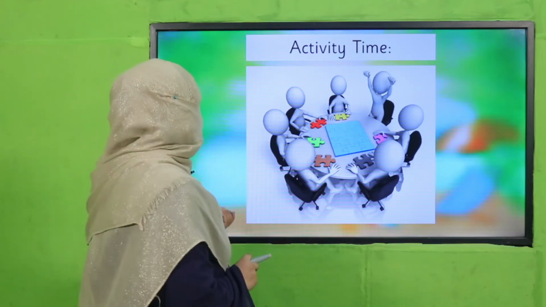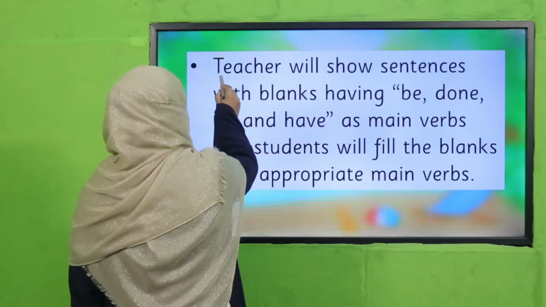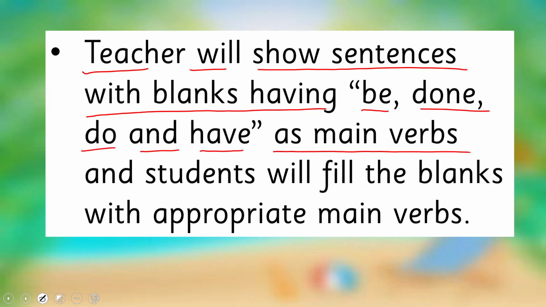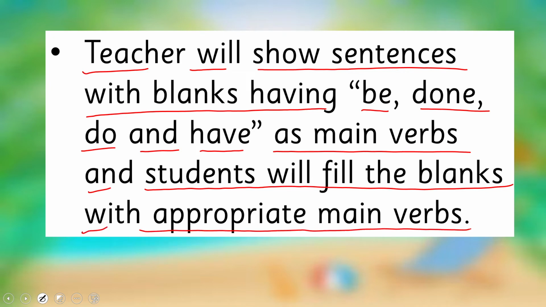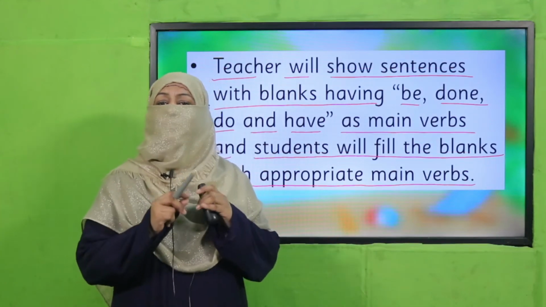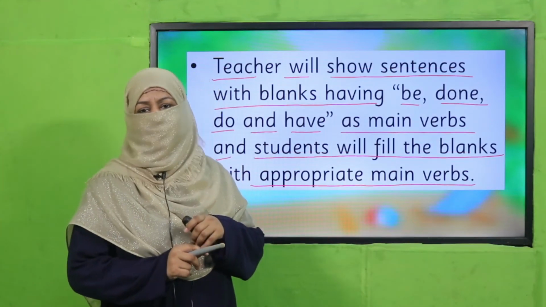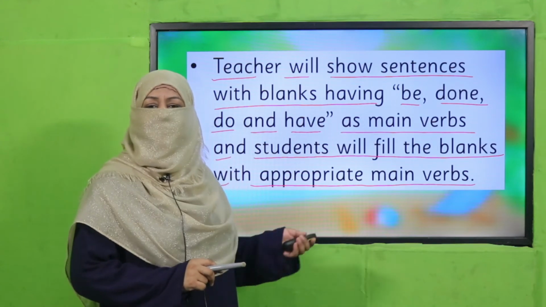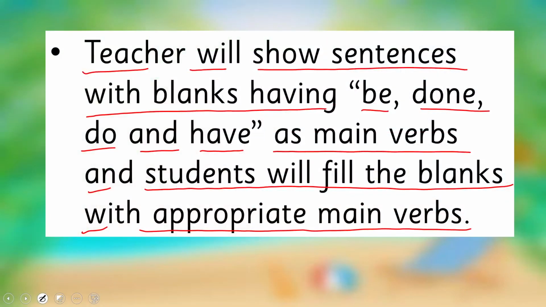What this activity is, teacher will show sentences with blanks having be, done, do and have as main verbs, and students will fill the blanks with appropriate main verbs. Okay, so in this activity, teacher will write these sentences on board and students will complete them by using appropriate verb, right? So pause the video, complete this activity and then come back.